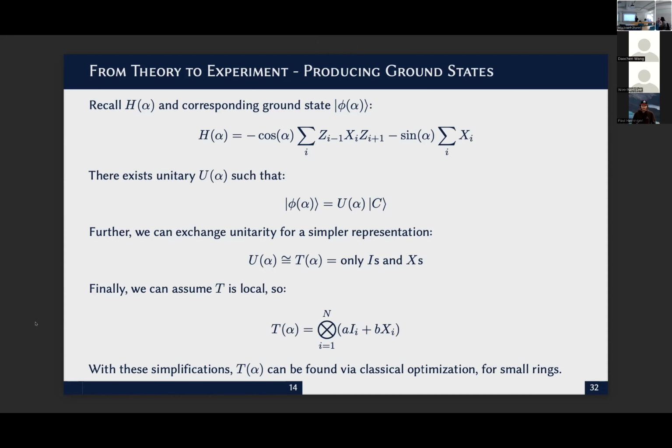And from this and the translation invariance of a ring, this T operator actually turns out to be parameterized by just 2 parameters. Arguably, I suppose 1 if you just define A to be 1, but in any case, you've really reduced the complexity of this transformation operator, and now you have something that can be found efficiently, say, through a classical optimization algorithm, which Dimitro developed in one of the earlier stages of this project.